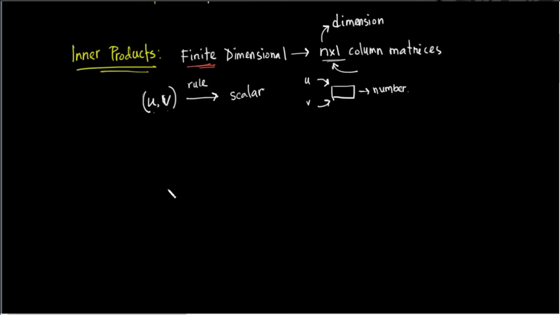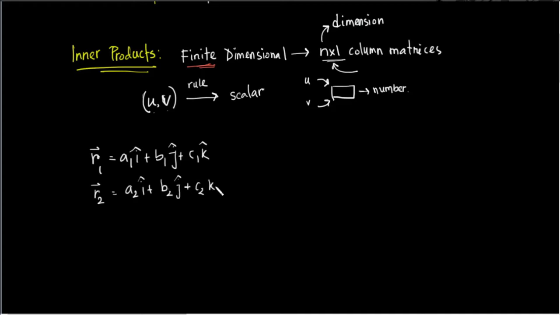Suppose I have a vector r1 that is a1 i plus b1 j plus c1 k, and another vector r2 that is a2 i plus b2 j plus c2 k.